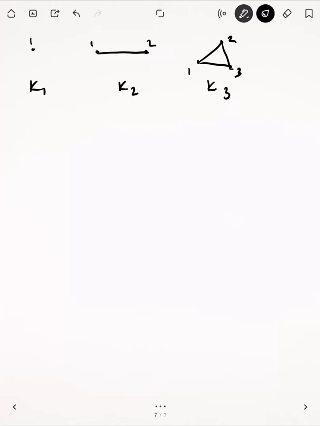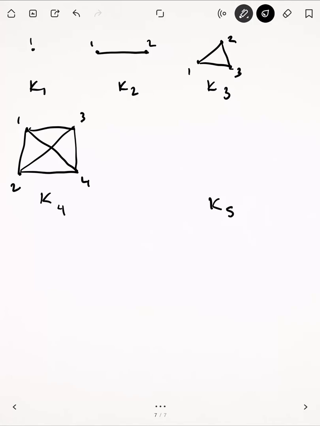And so on and so forth. Let's just draw one more: 1, 2, 3, 4. So this is K4. And maybe one thing you can try is to draw K5. What does K5 look like?